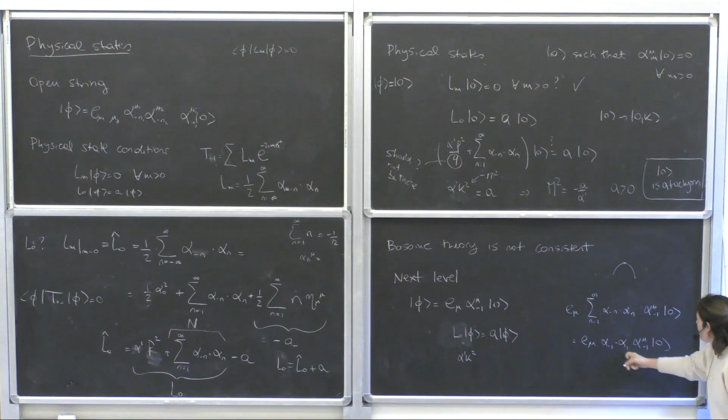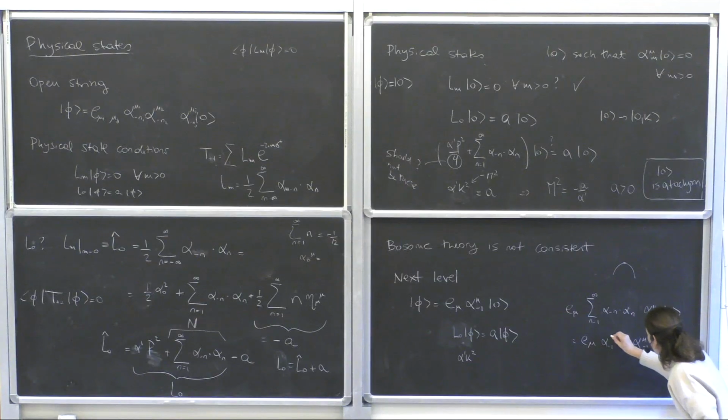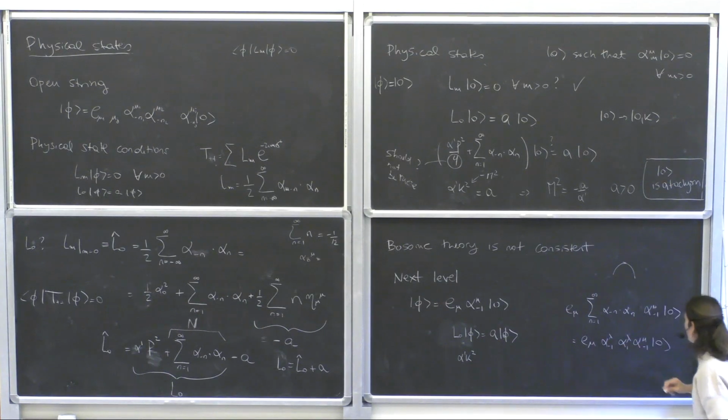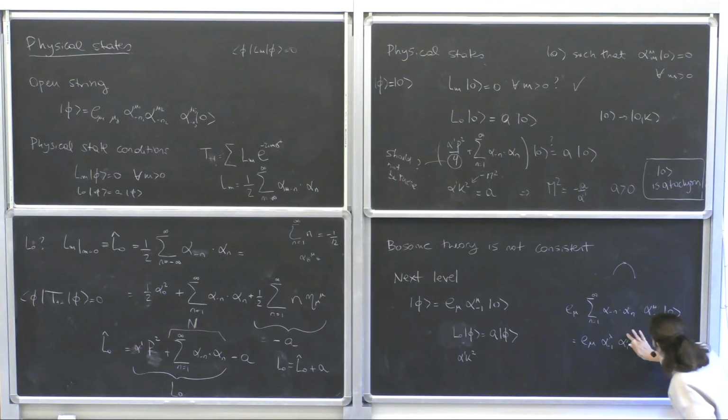And now I commute these two. Whenever this is on the right, it annihilates this. So the only thing I get is the commutator. And so if I write this as alpha minus 1 lambda and alpha 1 lambda, and I'm not careful about raising and lowering, but I can be if you want, this commutator is going to be a delta of lambda mu.